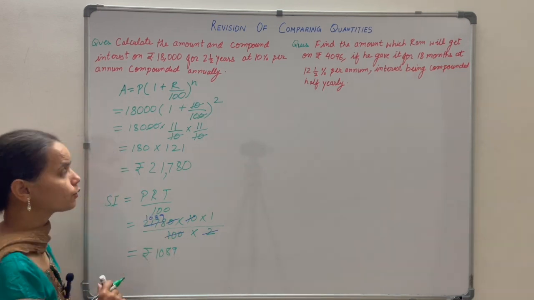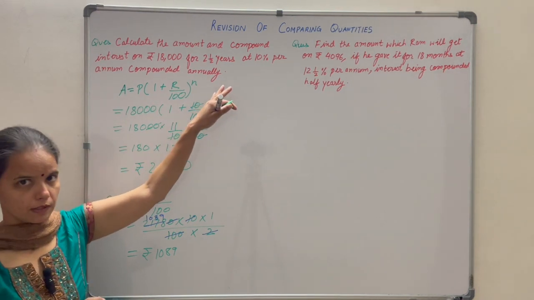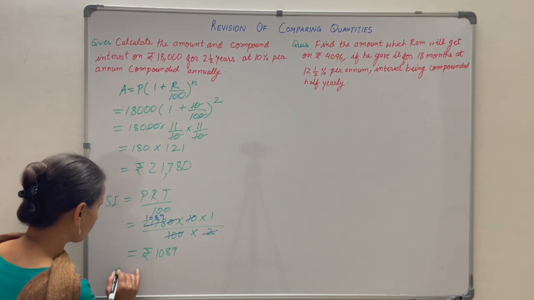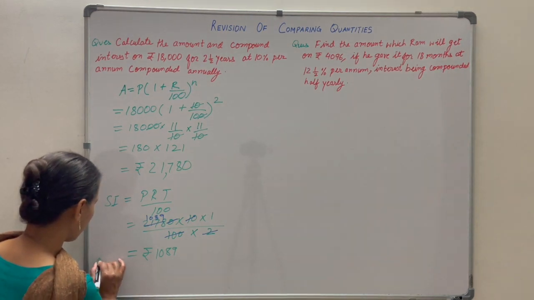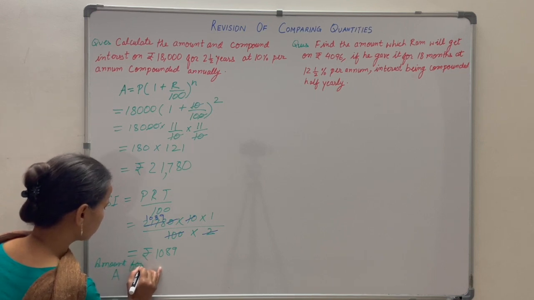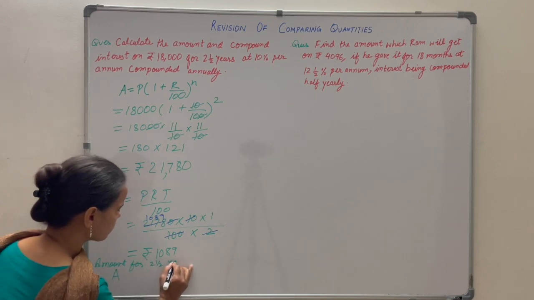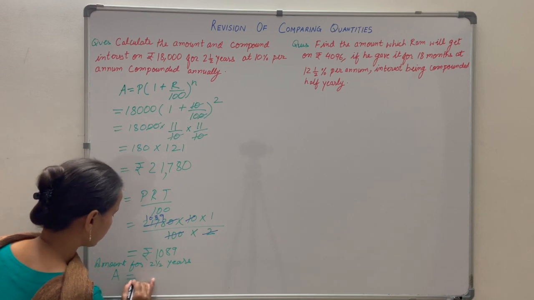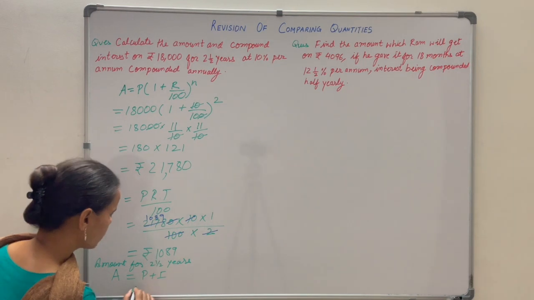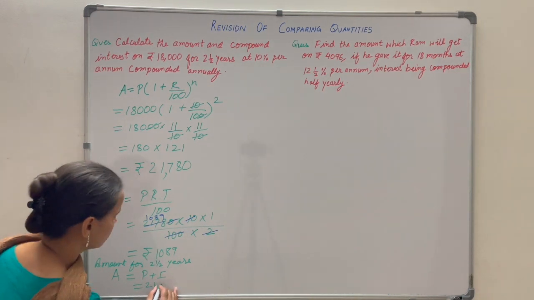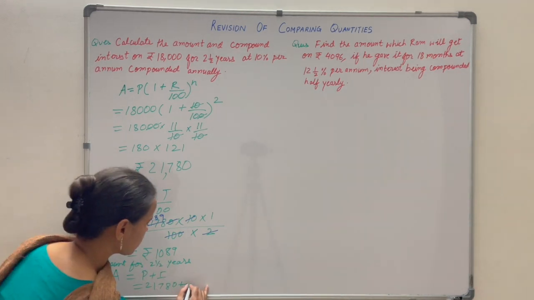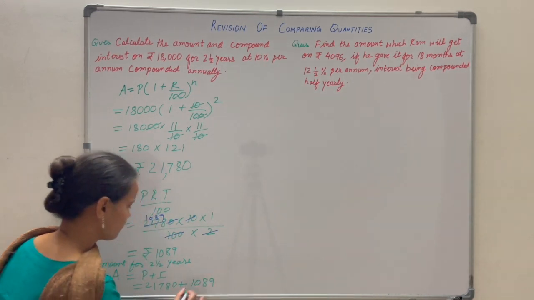So you need to find out the amount for 2.5 years. So let us find out the amount for 2.5 years. So that is equals to principal plus interest. How much is the principal? It is 21780 plus interest is 1089.